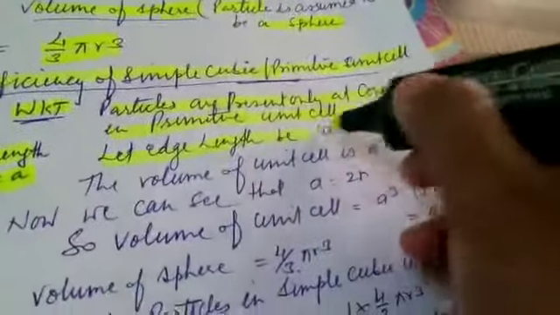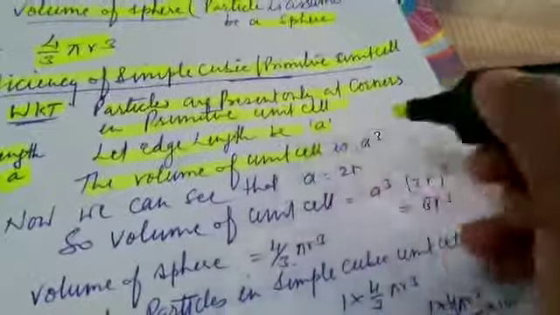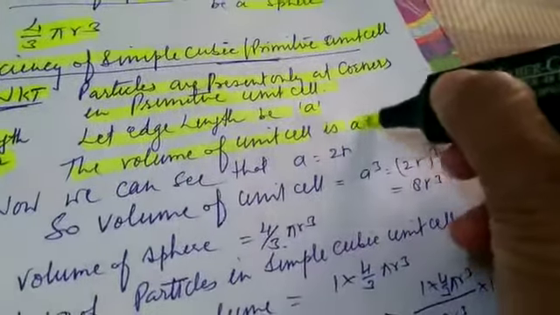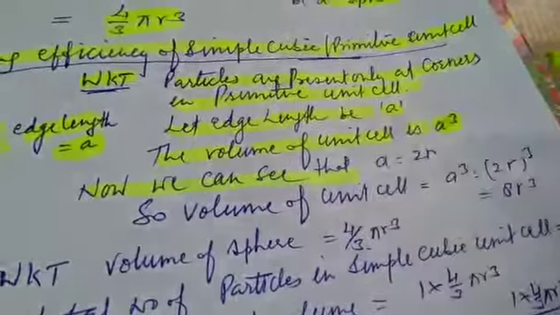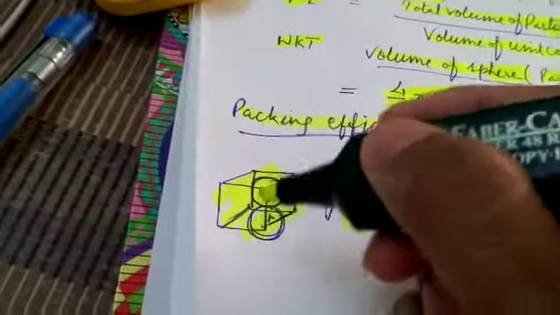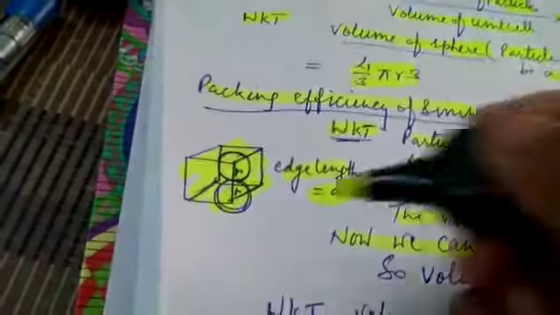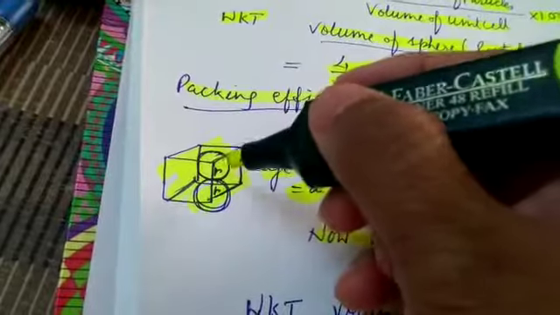So let the edge length be a. The volume of the unit cell can be calculated as a cube. Now we can see that a equals 2r. You can see here that this edge represents a, and clearly 1r is here and 1r is here.